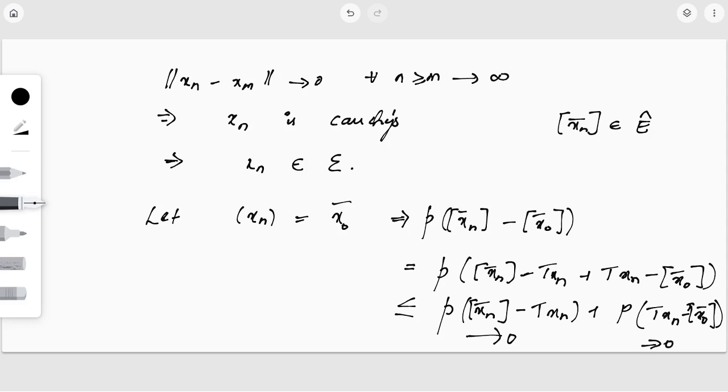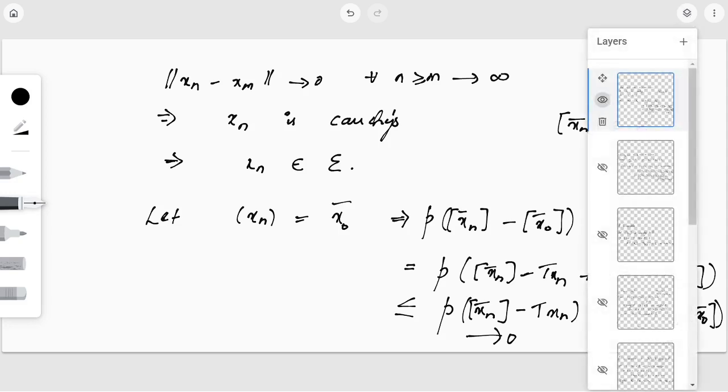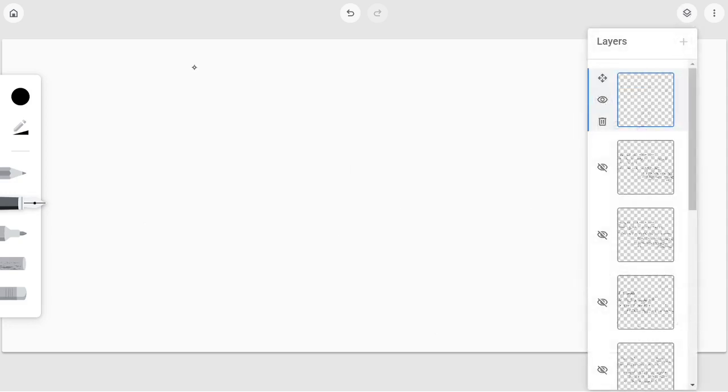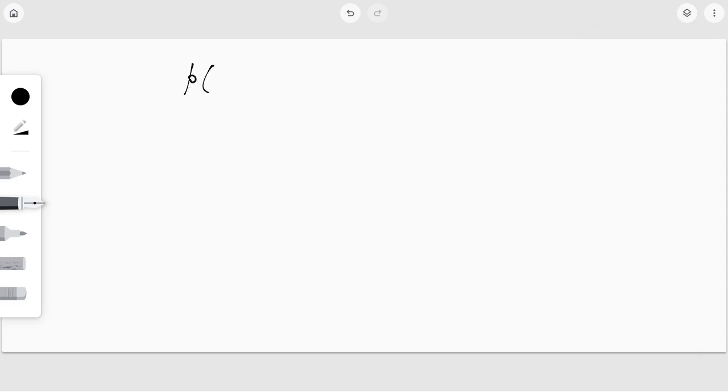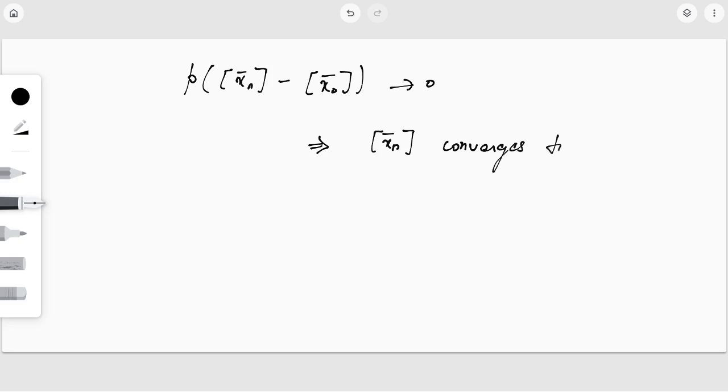So what do we get? The distance between xn bar and x dot bar is tending to 0. So we can say that P of coset xn bar and coset x dot bar tends to 0. So this implies coset xn bar converges to coset x dot bar.